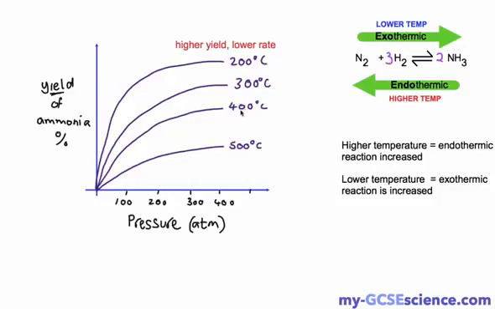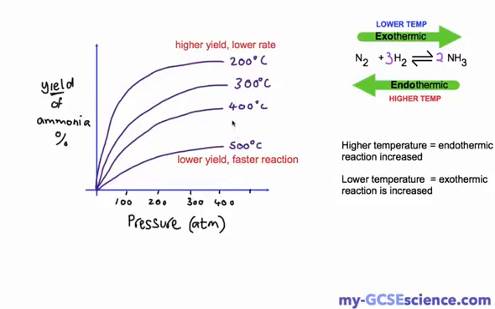So what we want to do is actually increase that reaction rate, but we will have to sacrifice our yield. Right at the bottom here, we've got a lower yield, but a much faster reaction. So we might not go all the way up to the very highest temperatures.